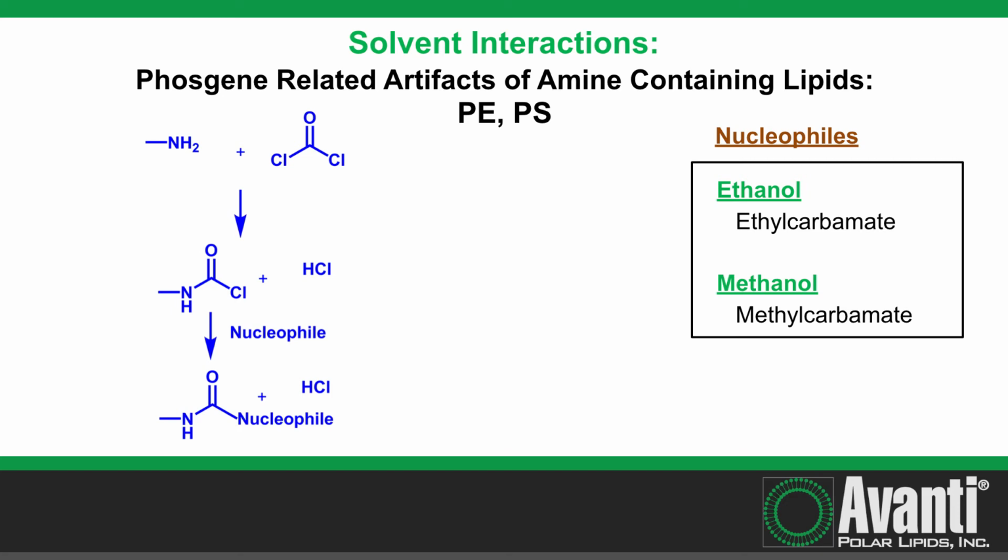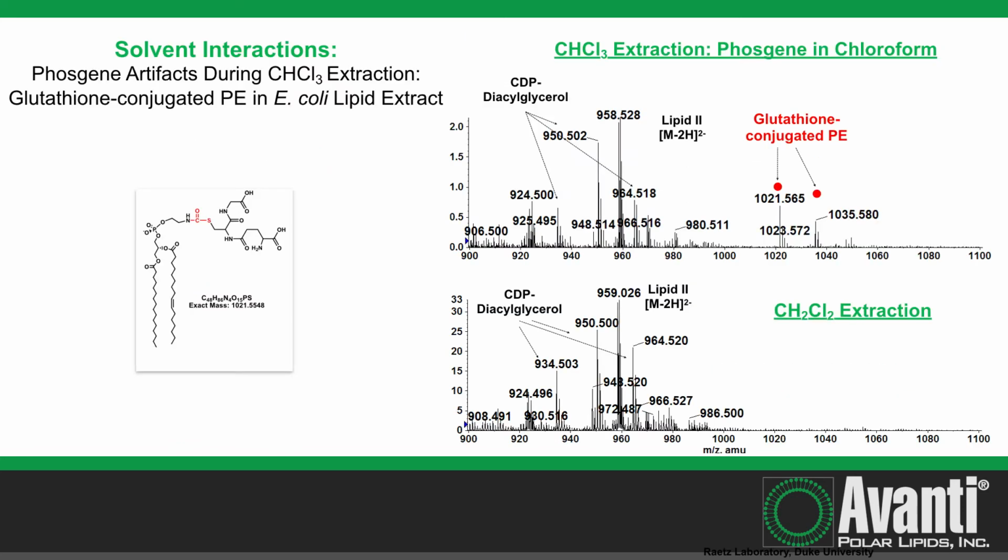A specific example really came from the work of Chris Rates, where he found that reacting with another nucleophile, and that's illustrated here, where you have 2 mass spectra. One is an extraction of a bacterial lipid extract with chloroform, and the bottom one is from methylene chloride.